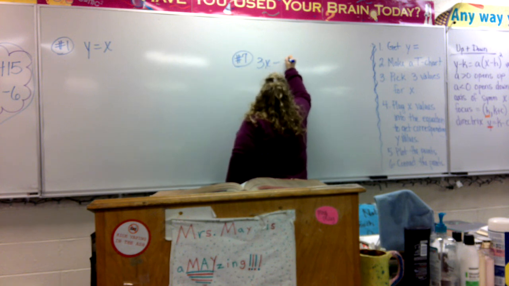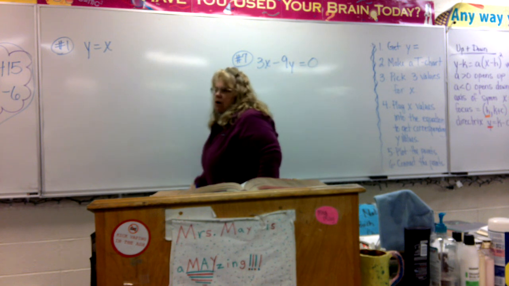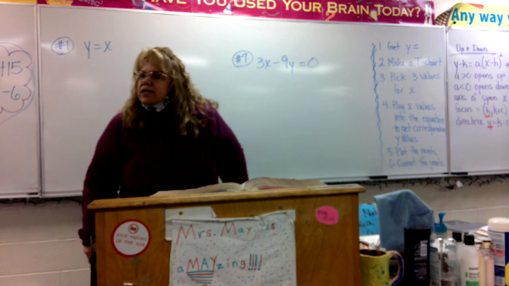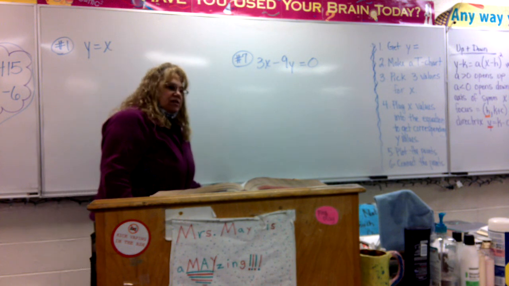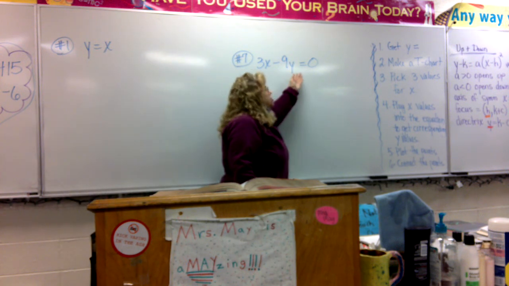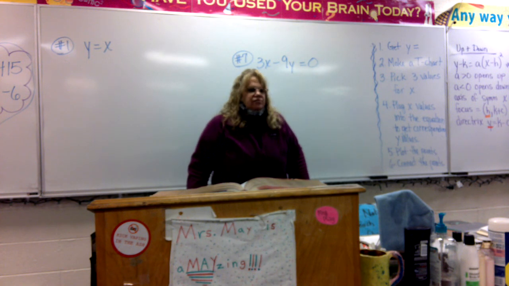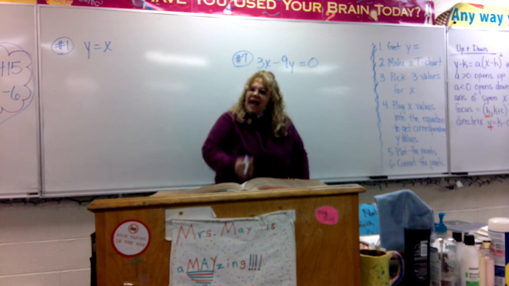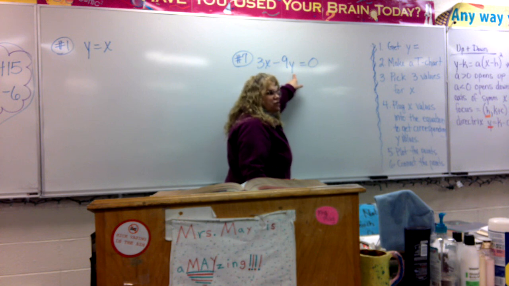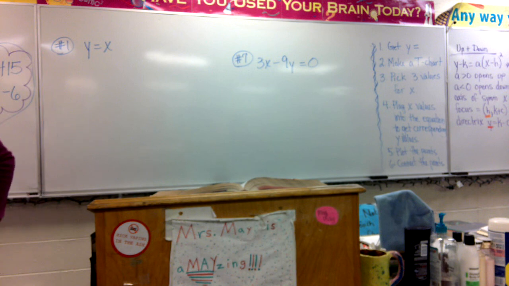And again, the problem is, if you do what we usually do, let x equals 0 and plug it in, you get negative 9y equals 0, and so y ends up being 0. When you plug in y equals 0, you get x equals 0. And that gives you 1 point.